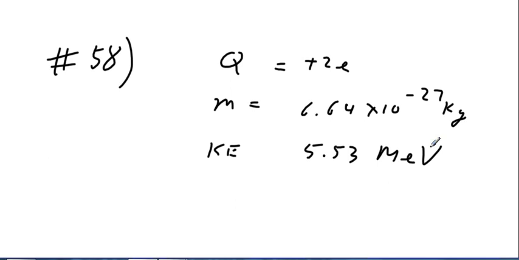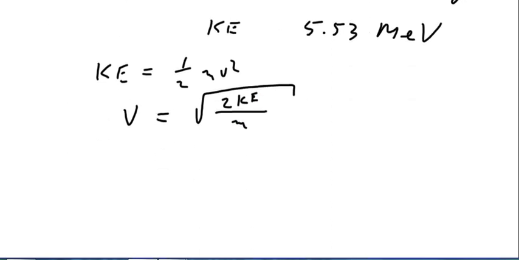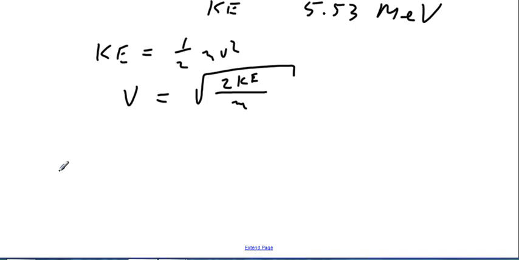What is the speed? Well, we know that kinetic energy is 1/2 mv squared. So the speed has to be the square root of 2 times the kinetic energy divided by the mass. Okay, so that's what we're going to do.